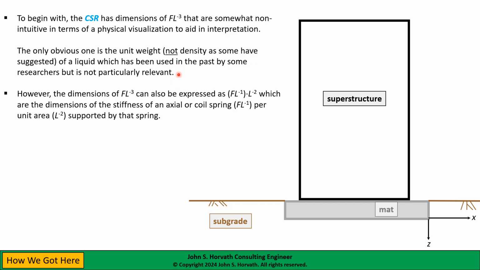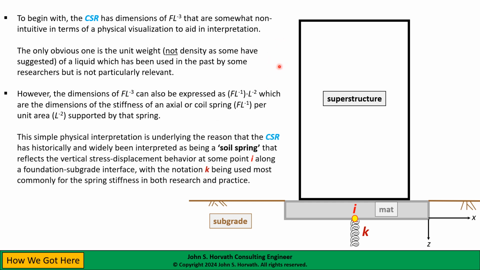However, we can take the force per length cubed dimensions and express them as force per length squared, which we immediately recognize as the dimensions of the stiffness of an axial or coil spring: force per length, per unit area, length squared, supported by that spring. So we see where this simple physical interpretation of the coefficient of subgrade reaction as a soil spring historically comes from.